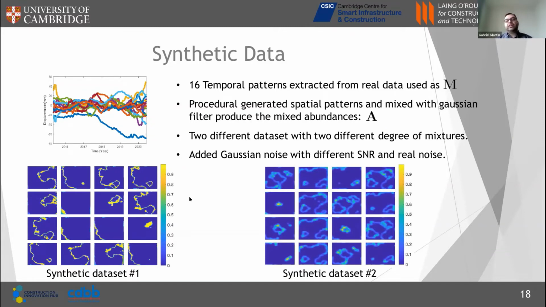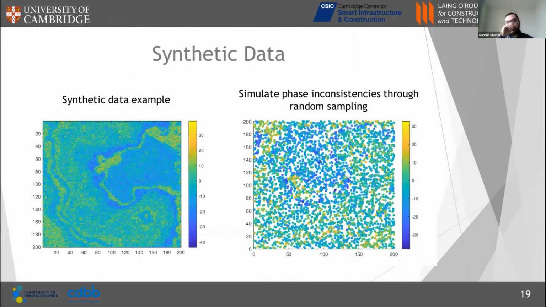Then we also simulate environmental noise using Gaussian noise, and we also added real noise in another case, extracted from real multi-temporal InSAR data. So these are some examples of the output result. This is one particular example after multiplying the time series patterns times the abundances, for one particular time acquisition.